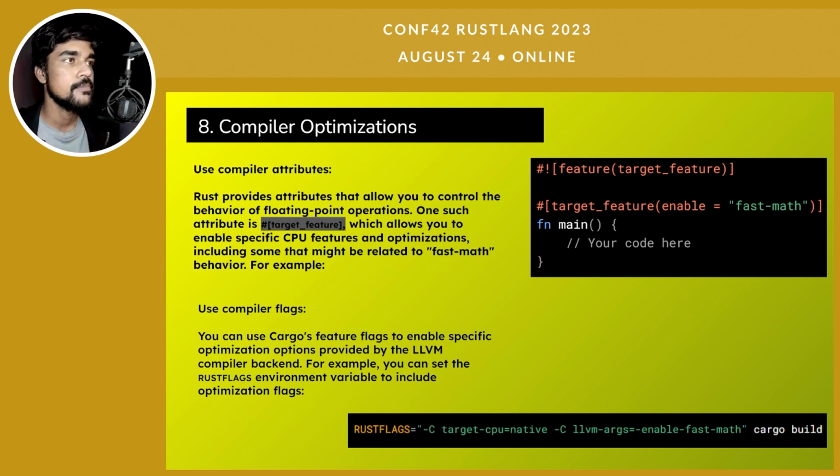A few compiler optimization techniques include using compiler attributes. Rust provides attributes that let you control the behavior of floating point operations. One such attribute is target feature, and within it you can enable a parameter called fast math.